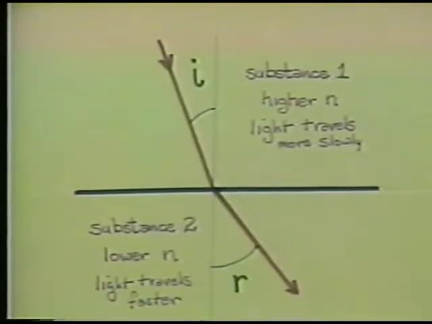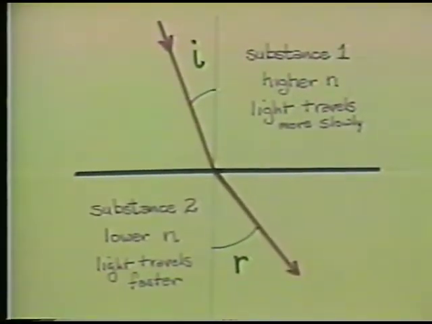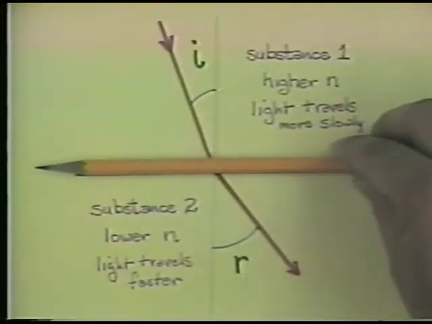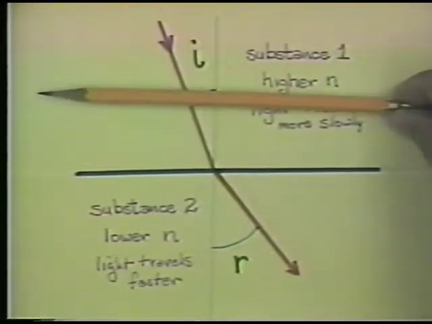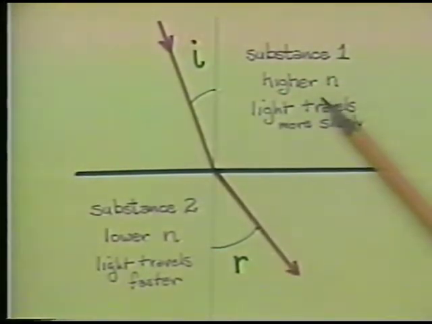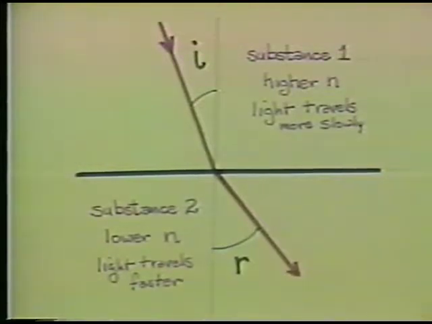Now we can graphically show refraction in this kind of way, where we're talking about a simple interface. This horizontal line represents the boundary between one substance over here, which has a high index of refraction, and another substance over here, which has a low index of refraction.